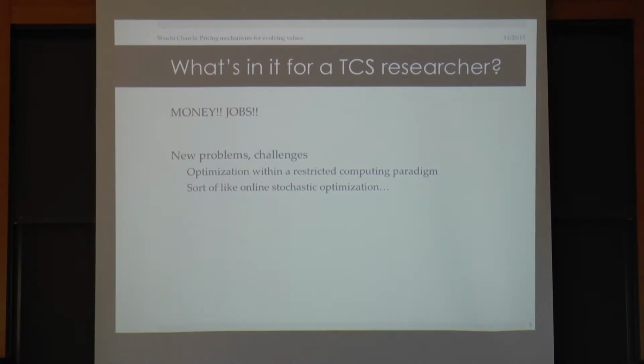You're working within a computational system where there's some lack of information, and this is exactly the kind of thing that theoreticians, it's our regular kind of problems that we like to work with, and so it's very much in line with what theory can do and what theory likes to do.